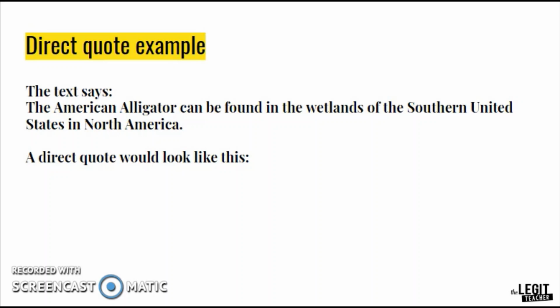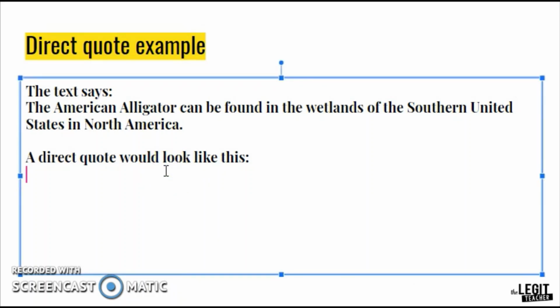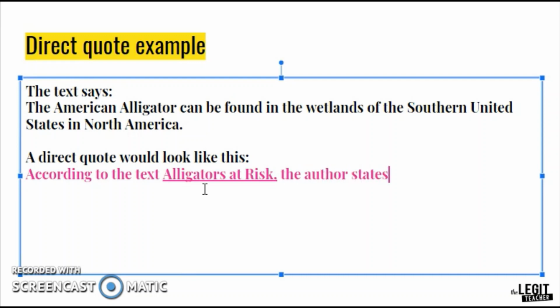So let's look at a direct quote example. The text says, "The American alligator can be found in the wetlands of the southern United States and North America." A direct quote would look like this. According to the text, Alligators at Risk, the author states, see that quotation mark that I have there?